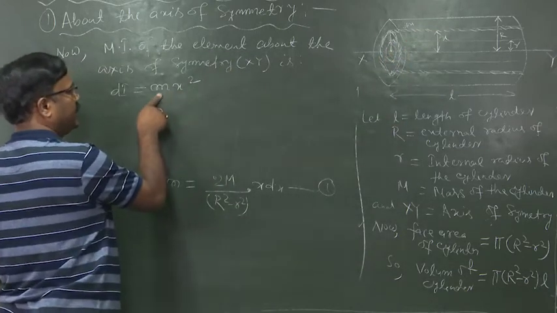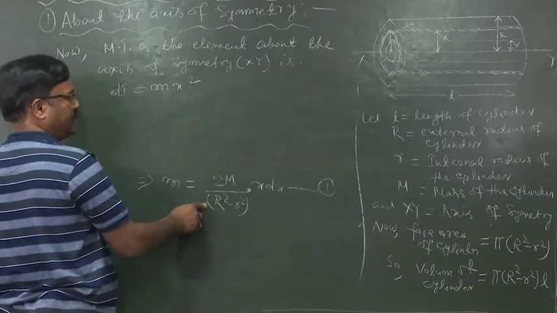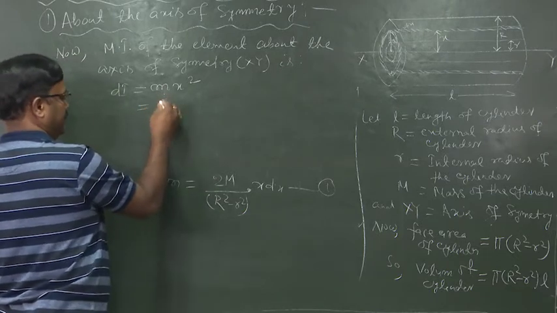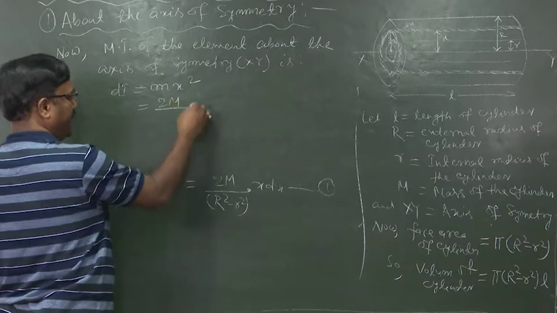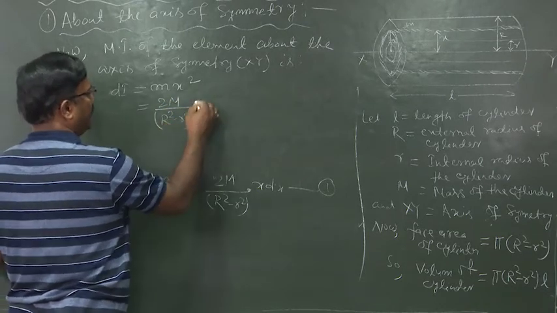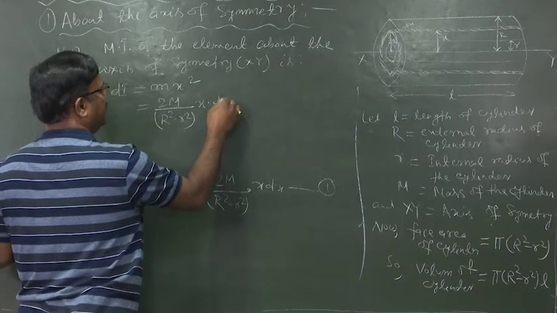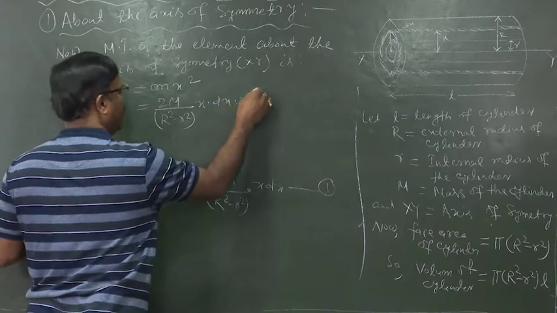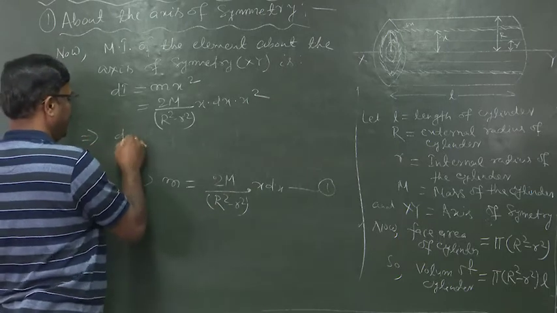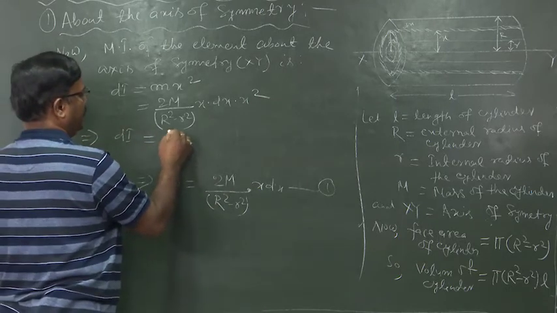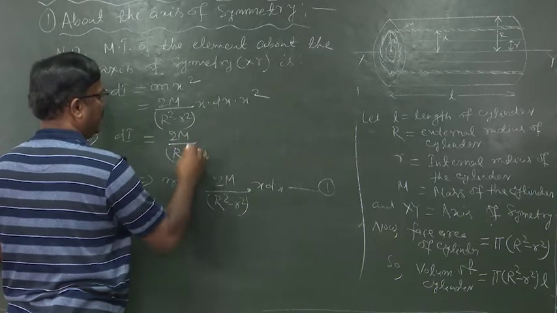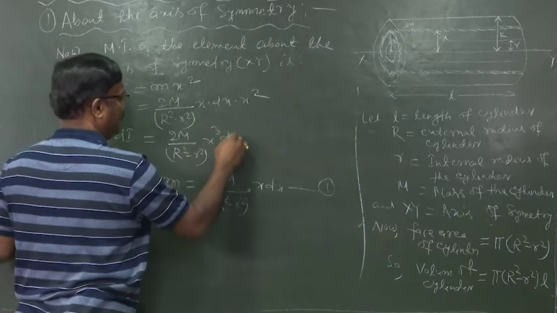But we know that this m is this much. So, putting this value in here, we can write 2M by (R square minus r square) x dx into x square, which implies dI is equal to 2M by (R square minus r square) into x cube dx.